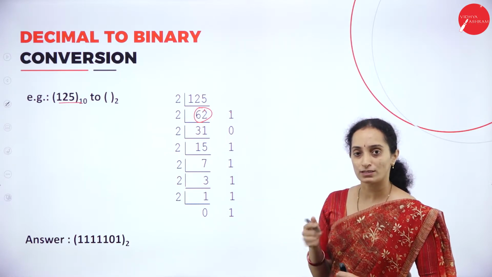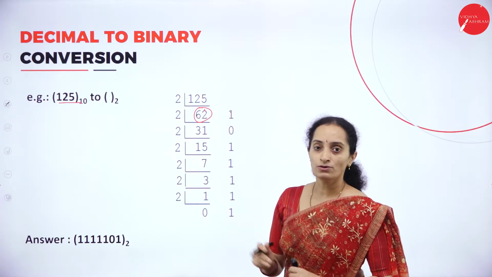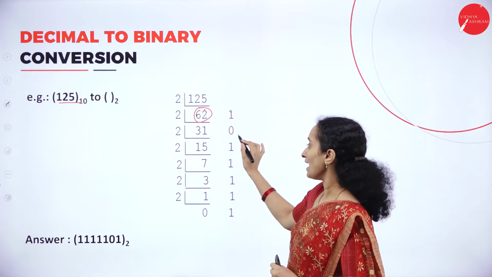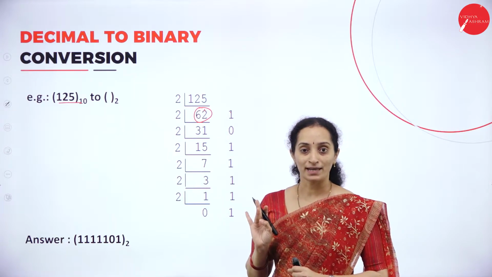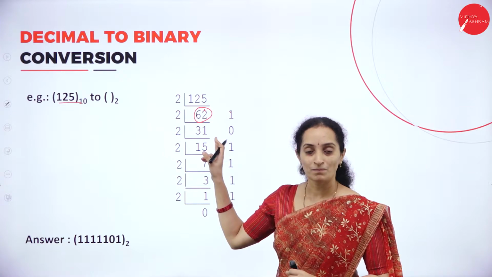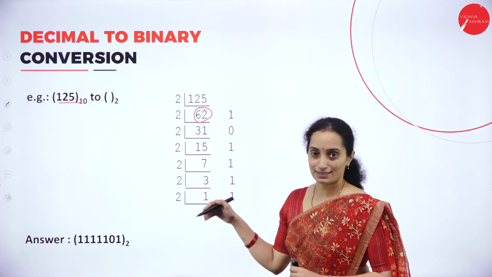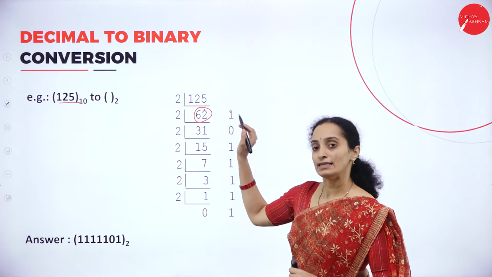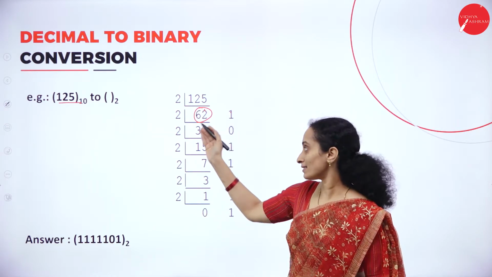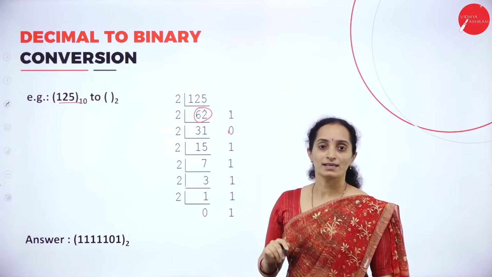Even if you don't get any remainder, you have to note down the remainder as 0, because binary only has 1 and 0. If you skip the 0, there will be a change in the final result. So even though no remainder occurs, you have to note down the remainder as 0.